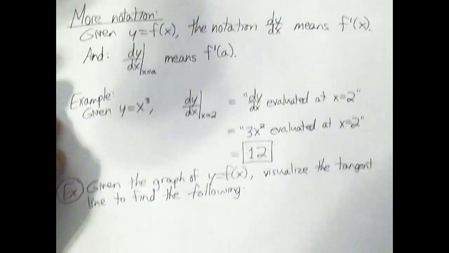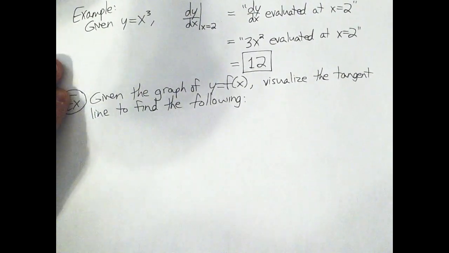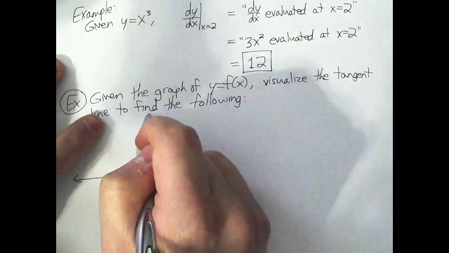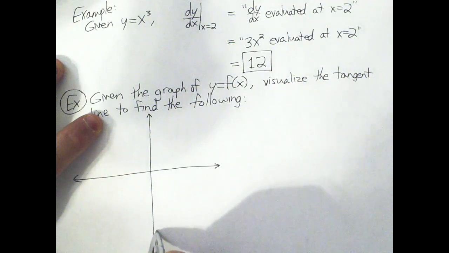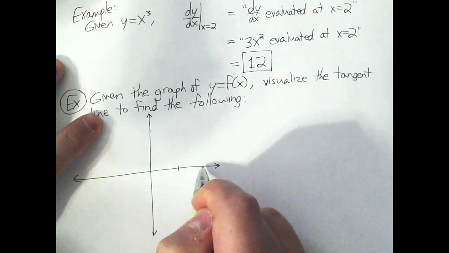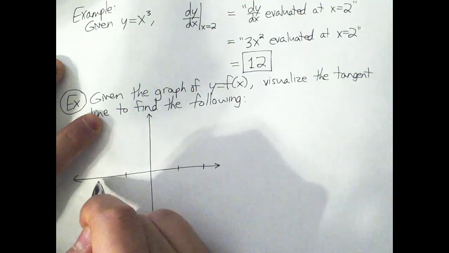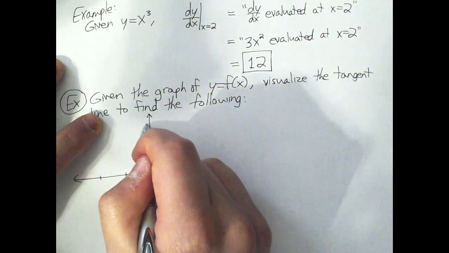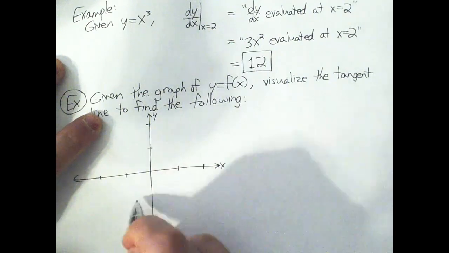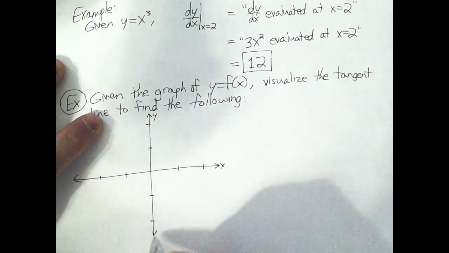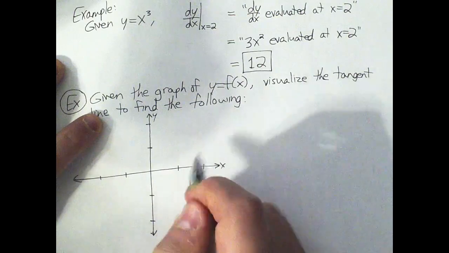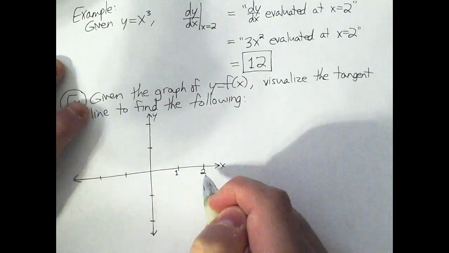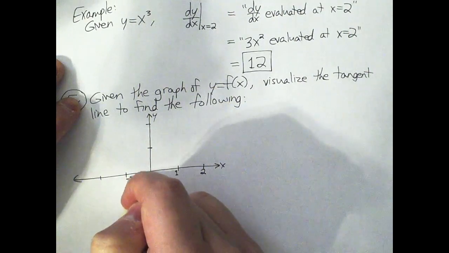Now, give me a moment to draw this. Make sure I can draw this function right, because this is giving us the picture. We're not going to have a formula for f of x. And I kept saying that there's this formula for the derivative that you want to memorize. So can we find a derivative without having a formula for f?